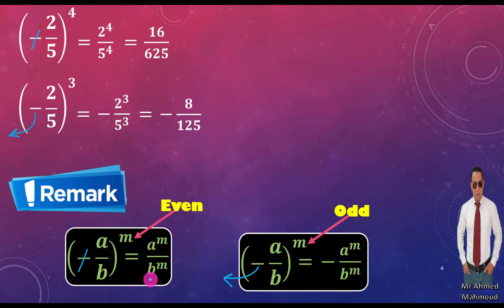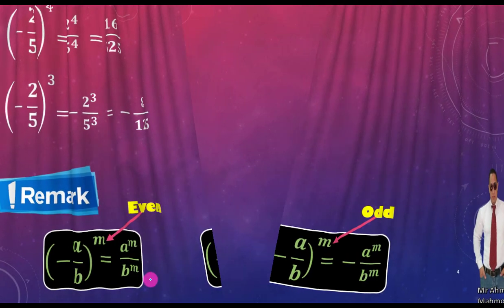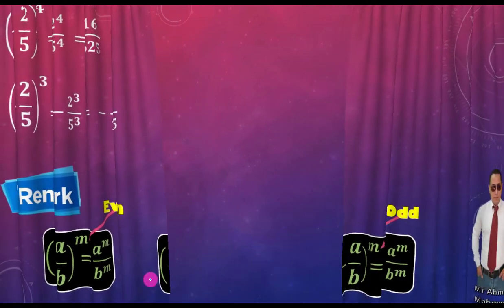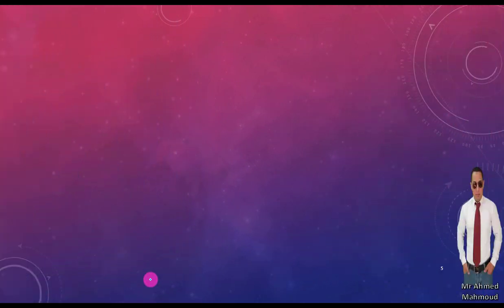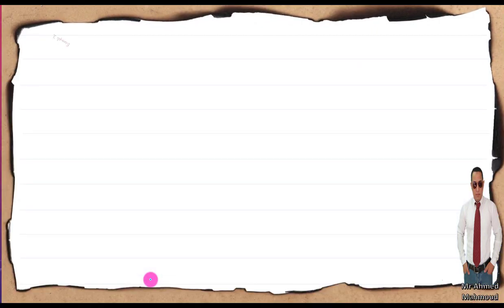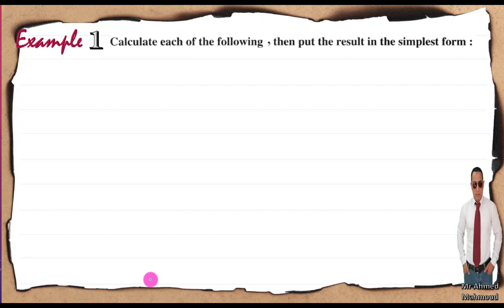Let's solve the next questions. Calculate each of the following, then put the result in the simplest form. Number 1, I have 5 over 9 all to the power of 0. Any number to the power of 0 equals 1.